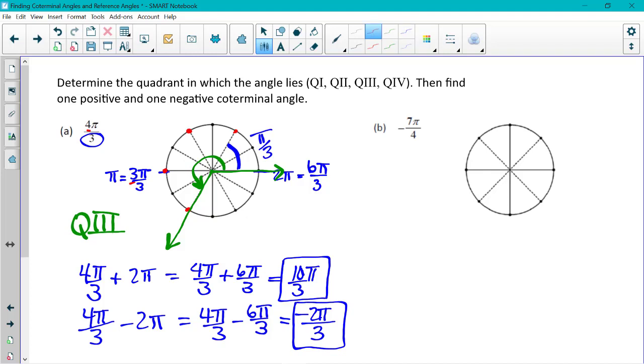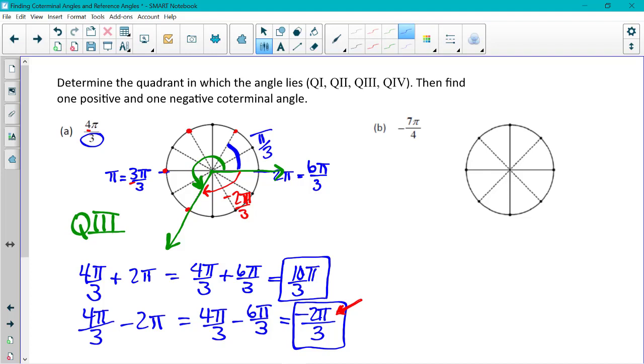So this is what we would call our greatest negative coterminal angle, meaning an angle between 0 and negative 2 pi. That would be this distance here, negative 2 pi over 3. Same idea as with degrees, it's just that we're working with radians.